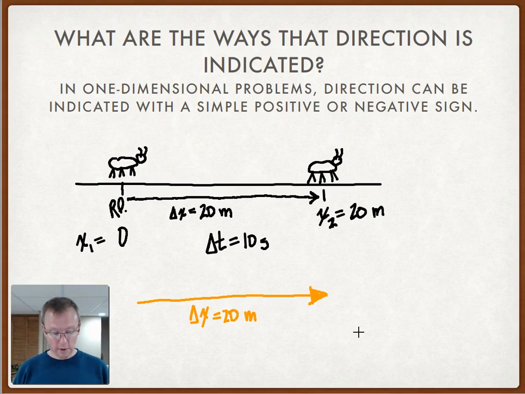In one-dimensional problems like this, in other words, the bug can either go to the left or to the right, I could also just say positive 20, as I've been saying, or if it's going in the opposite direction, negative 20 meters, and that would be just fine too. So as long as it's only a one-dimensional problem, you can get away with that. That's totally okay. Positive and negative mean right and left.